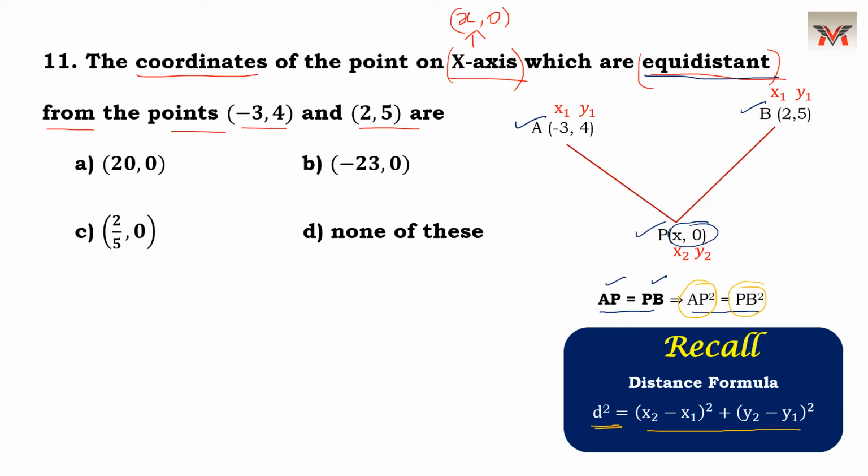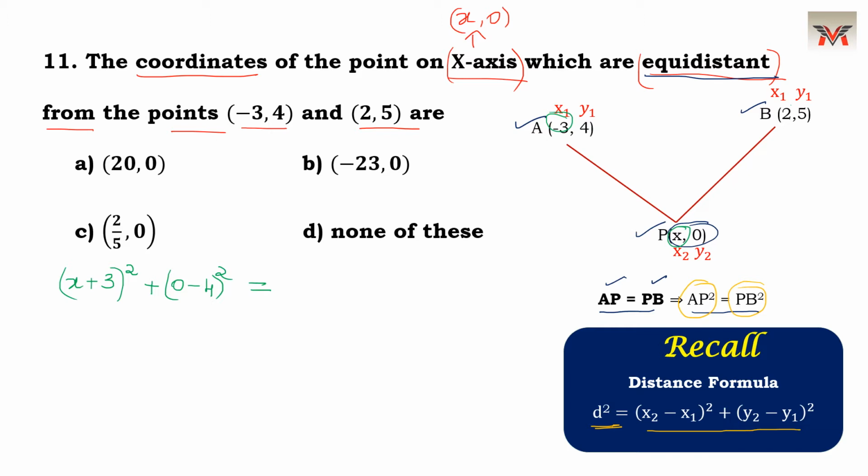Let us proceed. First we consider AP. Here x2 is x and x1 is minus 3. So x minus of minus 3 becomes plus 3, (x plus 3) whole square, plus y2 minus y1. y2 is 0 and y1 is 4, that is (0 minus 4) whole square, which is equal to, as I said, the distance PB.